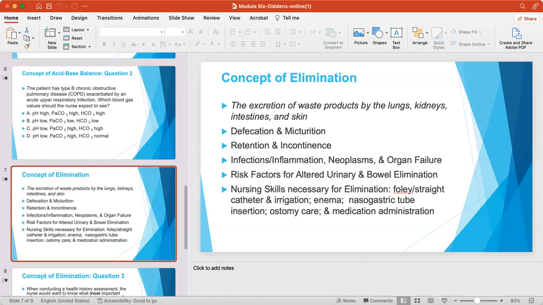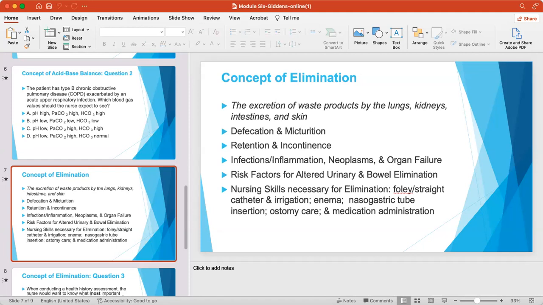There are risk behaviors that place individuals at risk for retention issues. There's lack of adequate fluids, fiber, or exercise, as well as use of medications such as diuretics, narcotics, antidepressants, and anti-anxiety medications.